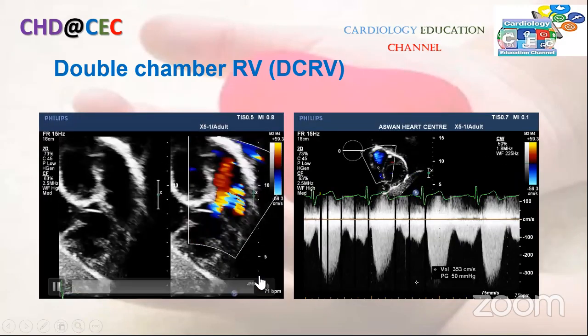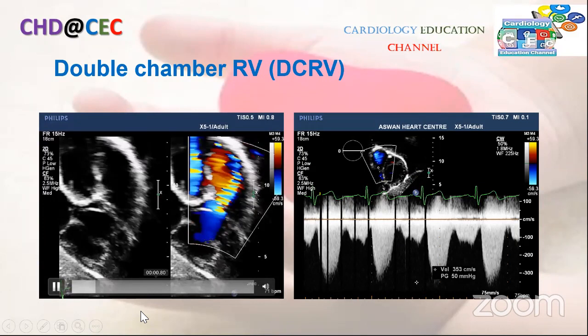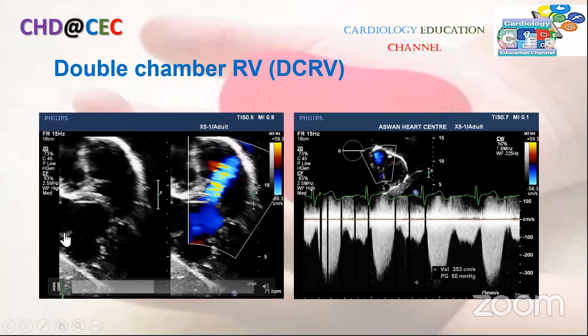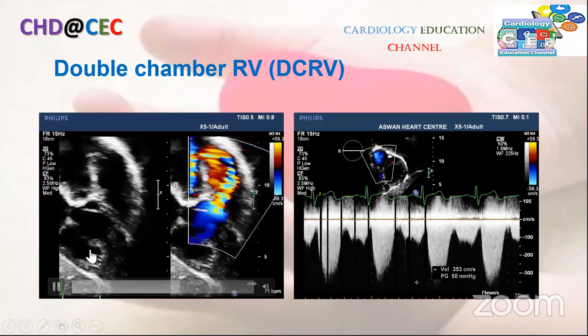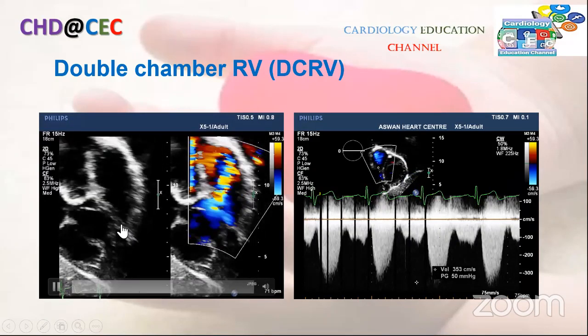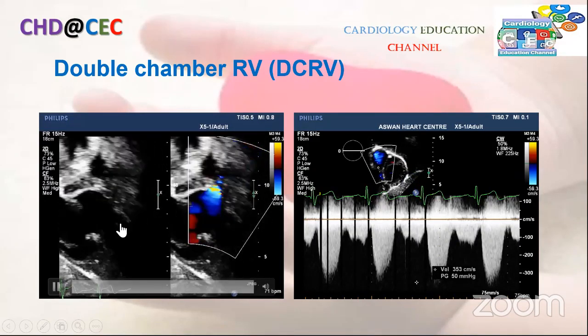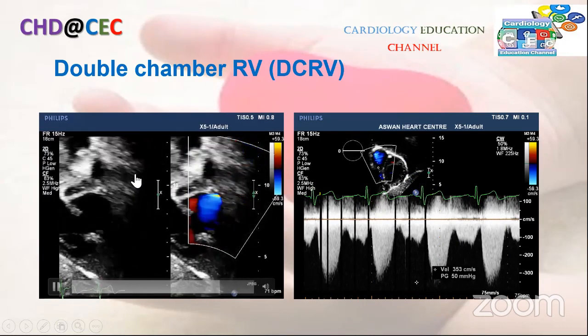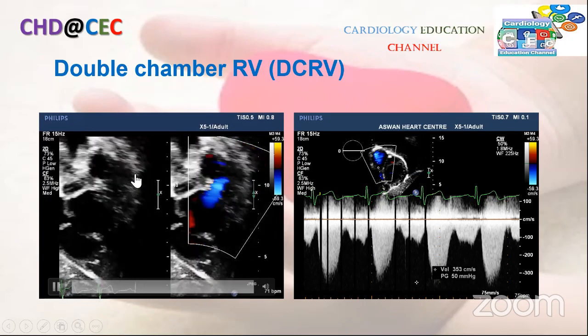This is another view from the subcostal views, a right anterior oblique view. Here we can see this is the tricuspid valve. This is the RV body. This is the double chamber lesion or the anomalous muscle bands. This is the proximal RVOT or low pressure chamber, and here is the plane of the pulmonary valve.